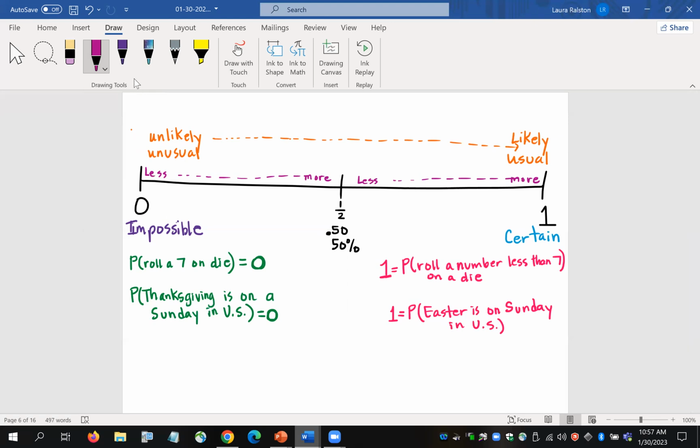Okay, actually I have this backwards. Let me fix this side for you. Got this side backwards because of its being low value. This would be very unlikely if it's close to 0, so that's more unlikely, and this would be less unlikely.